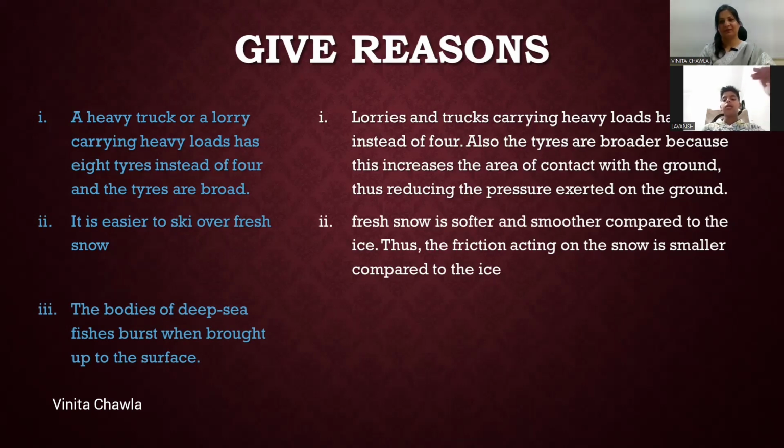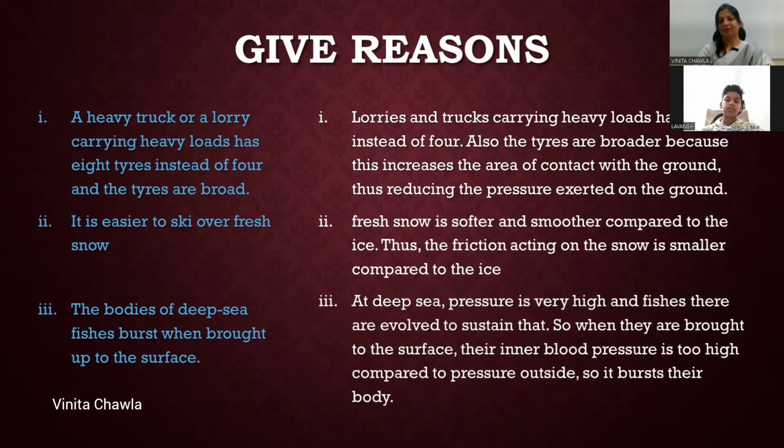Because in deep sea there is more water pressure, and their body pressure is balanced. So at deep sea, pressure is very high, and fishes are evolved to sustain that. When they are brought to the surface, the inner blood pressure is too high compared to the pressure outside, so it bursts their body.